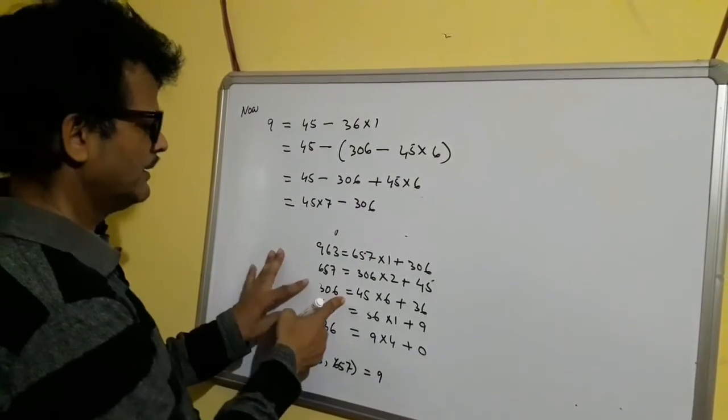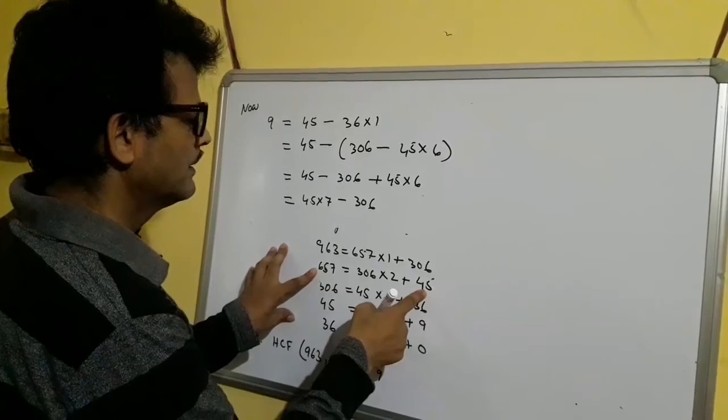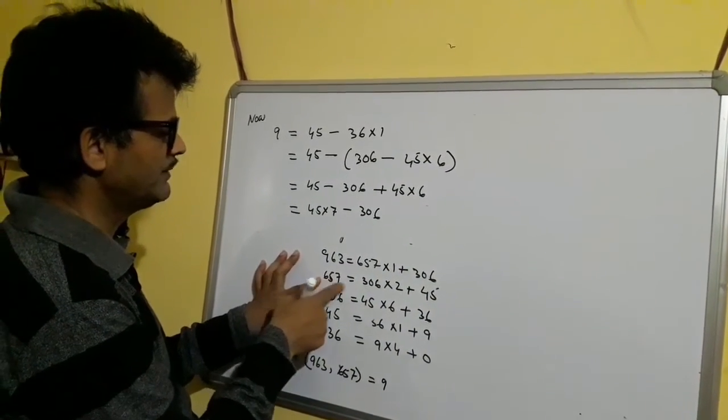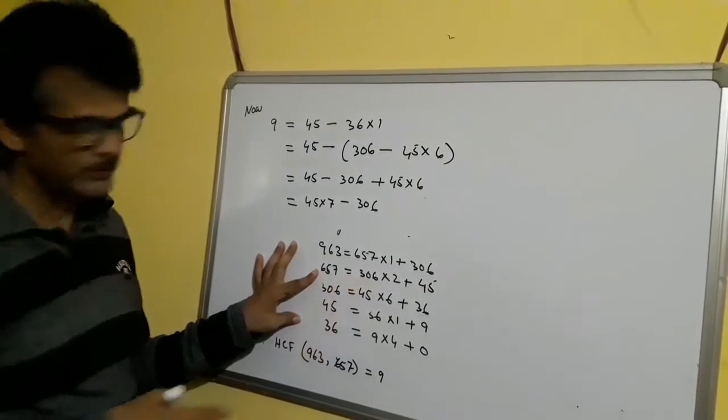Now you see the previous step again, this 45 can be expressed as 657 minus 306. So we write like this.